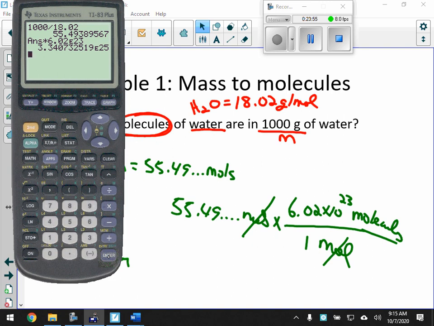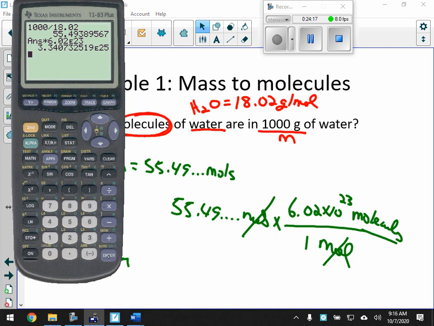Okay? Do not forget. Look, if you take 55 times 602 sextillion, you shouldn't get 3.34, right? That doesn't make sense. Like 602 with 21 zeros, and you times it by 55, you get 3?